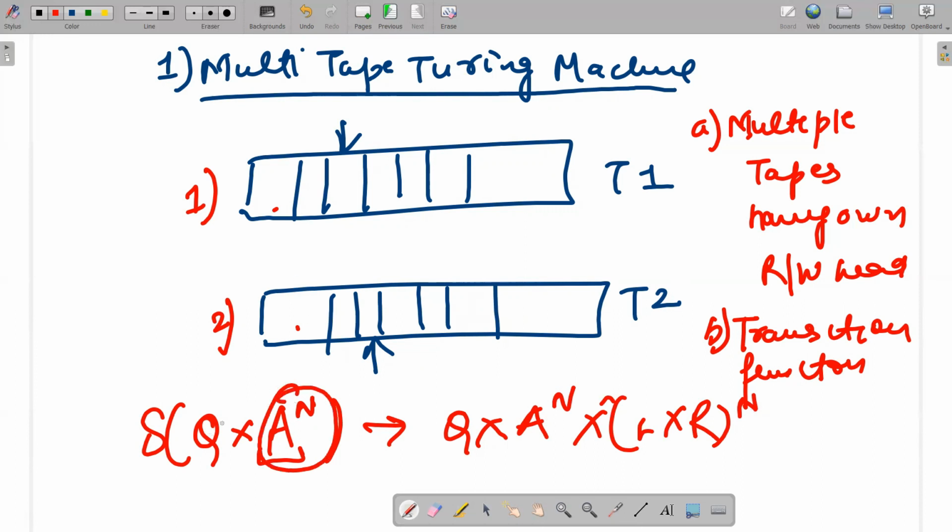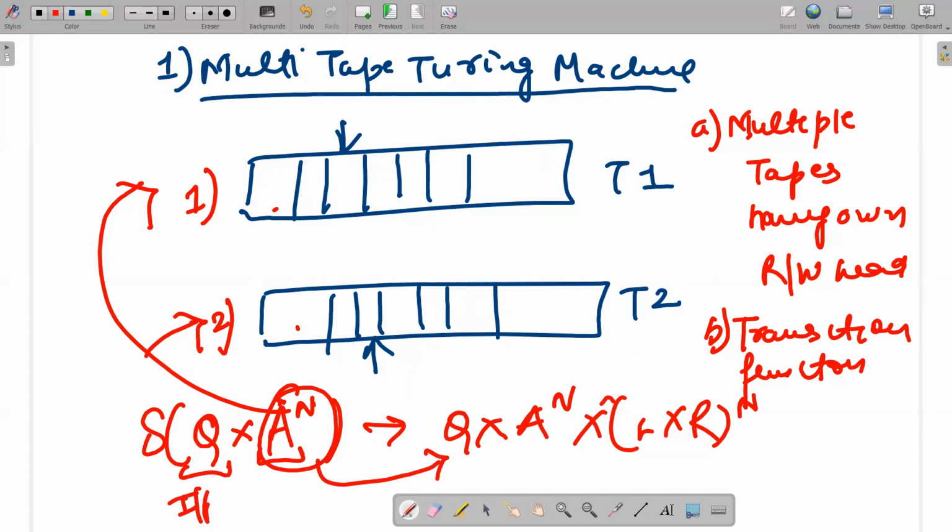It means you are going to take input from tape 1 as well as tape 2. When we take inputs from tape 1 and tape 2, subsequently we are going to have an output state. If this is my input state, this will be my output state. And it is going to perform the operation, whether moving in the left direction or the right direction.